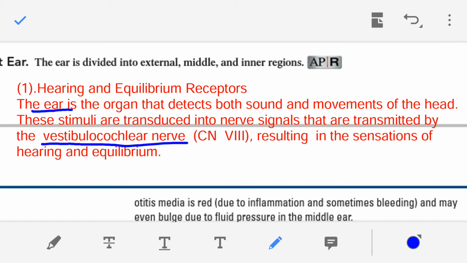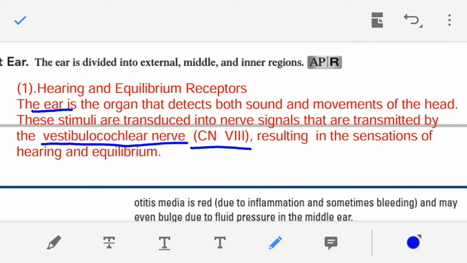This nerve sends nerve impulses to the brain center regarding the sensation of sound and movement of the head. This nerve is known as the vestibulocochlear nerve, cranial nerve number 8.